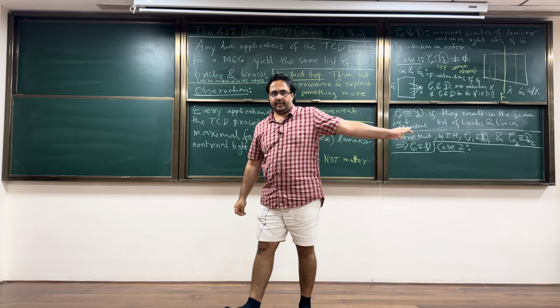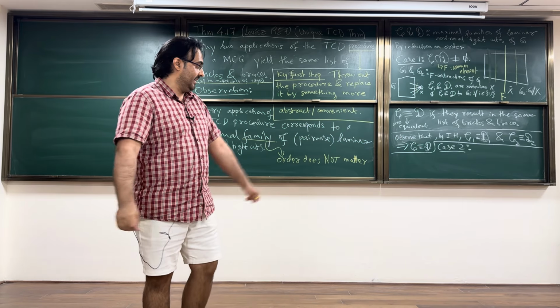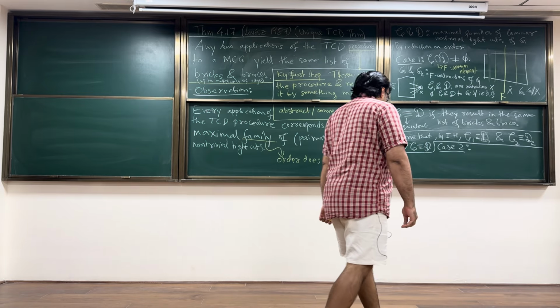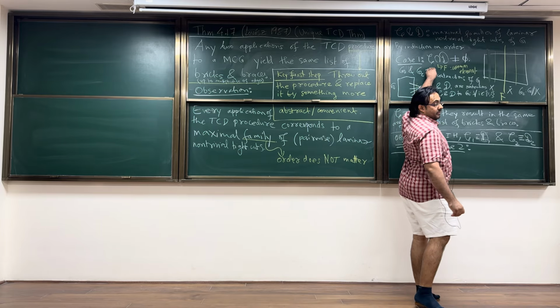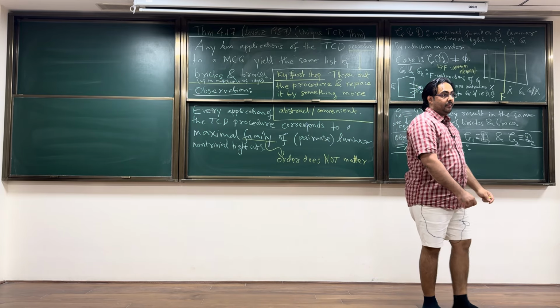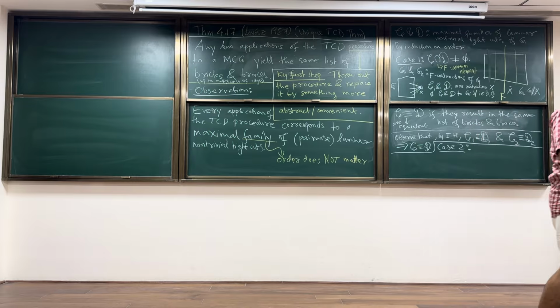So last time I wrote not case 1, but this time I'm going to write something slightly different. Supposing there is a cut in script C and a cut in script D, they are not the same, but they are laminar. If they are the same, then we are done by case 1.